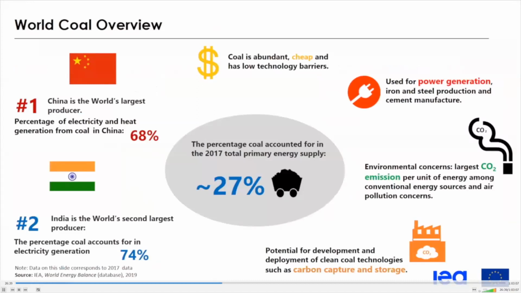Those two countries use a large part of coal because of its abundance, cheap cost, and low technology barriers that allow a quick generation of electricity and support for industrial activities, such as iron and steel production and cement manufacturing, for example.